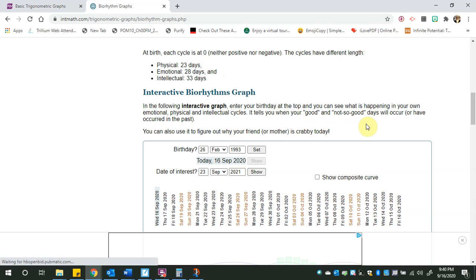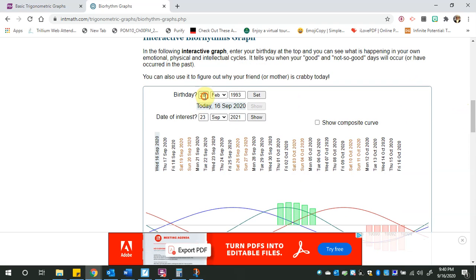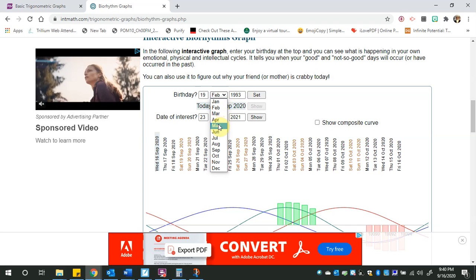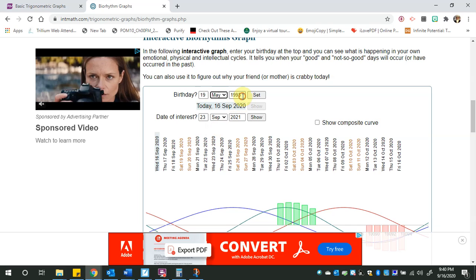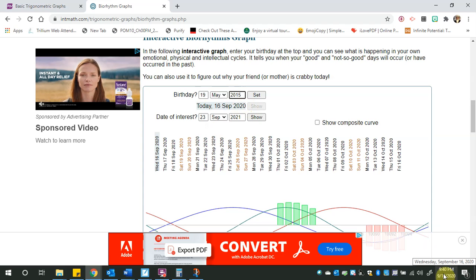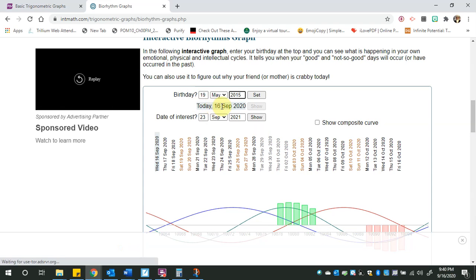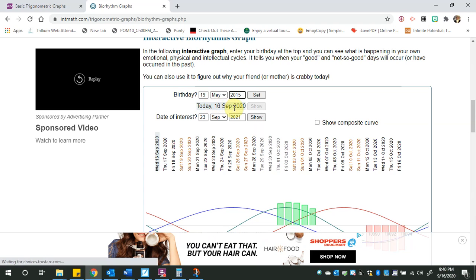So I'm going to use my niece as an example. My niece was born on the 19th of May, 2015. She's 5. And today, you can tell here, 9:40, it's almost the 17th, but today is September 16th of 2020.